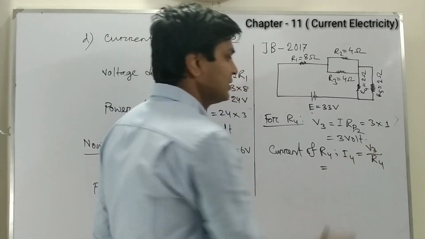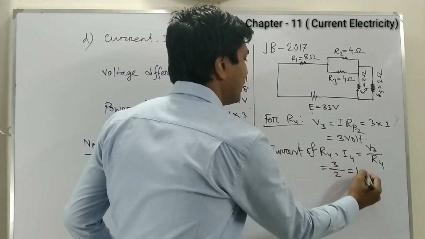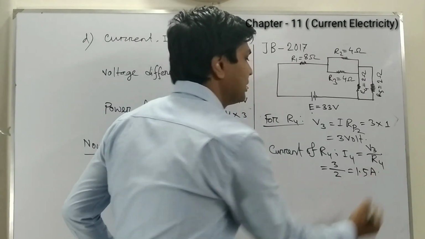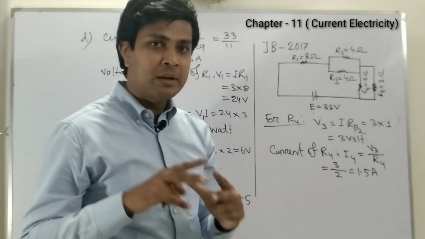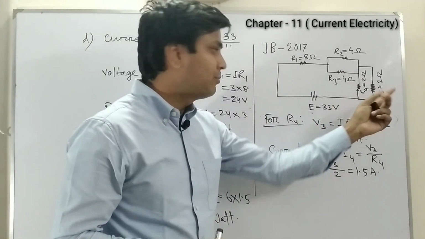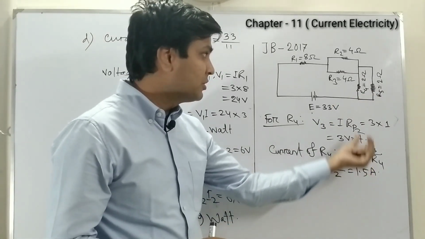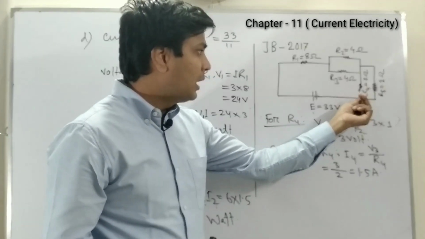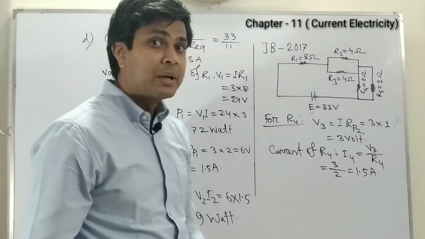Here V3 is 3 and R4 is 2. The answer will be 1.5 ampere. That means 1.5 ampere will flow through both R4 and R5, and the total of R4 and R5 will be 3 ampere.